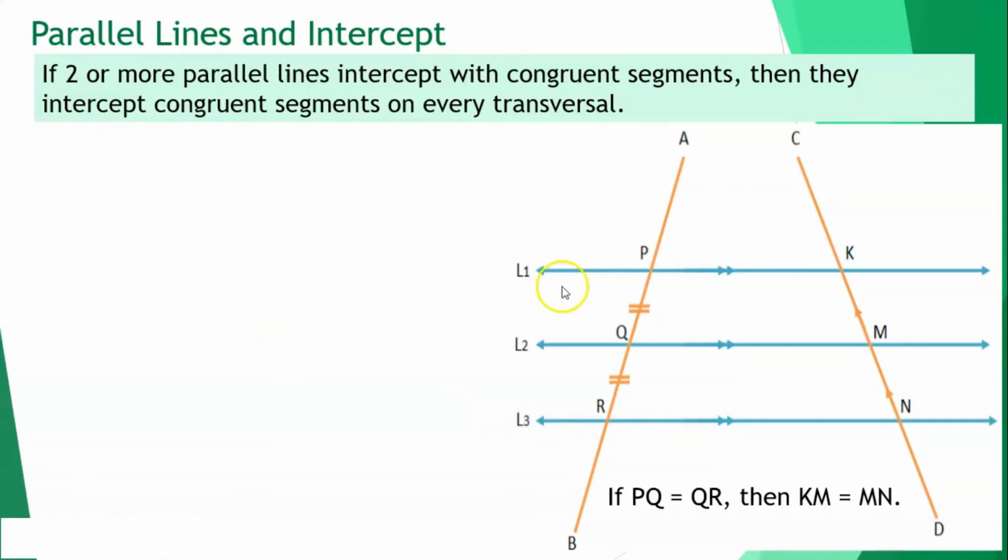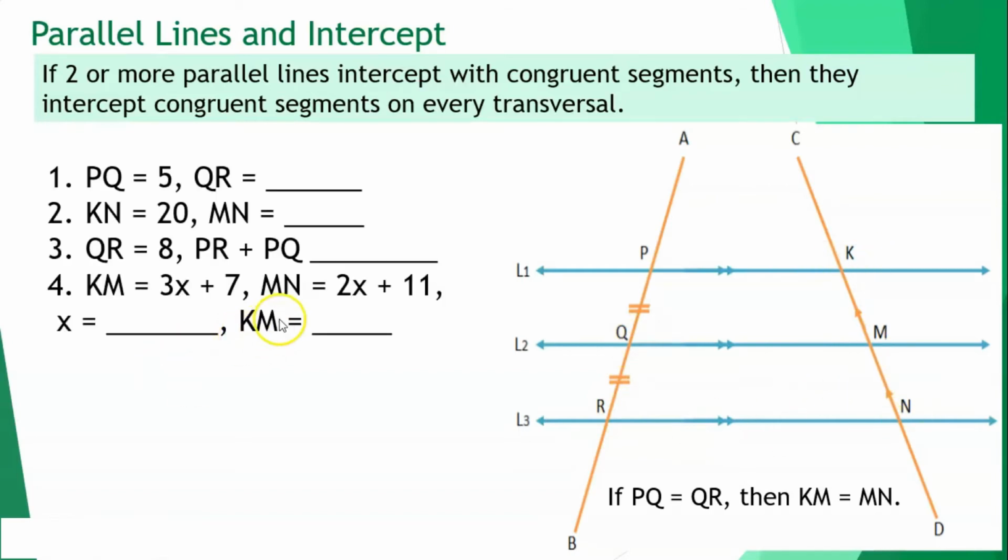So in here, if PQ is congruent to QR, it would follow that KM is also congruent to MN. So if PQ is 5, then QR is also 5. Now if KN is 20, MN then is 10. If QR is given as 8, then PR would be 16. And PQ is 8, so adding them, you'll get 24.